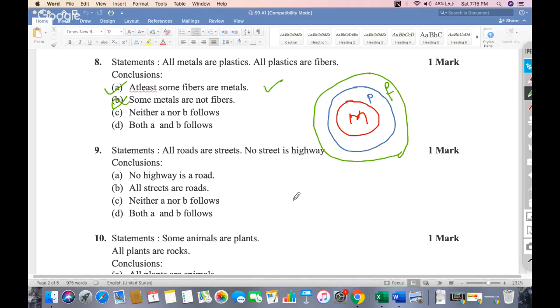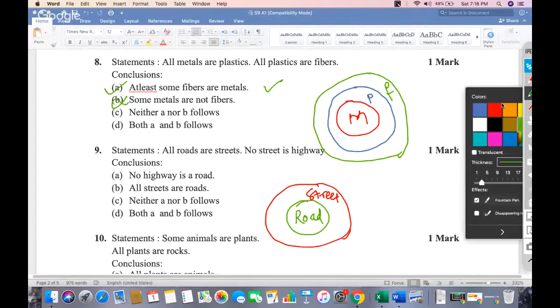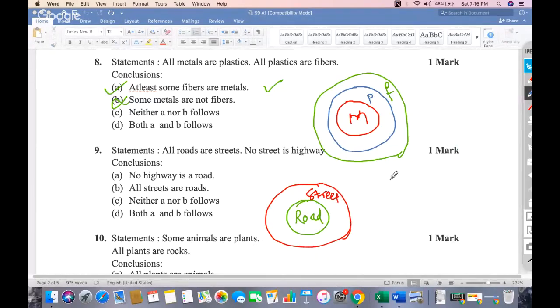For question number 9, all roads are streets. So this is road. Then I have street. And if no street is highway, then I need to make highway separately from street. So this would be highway. As road is completely inside street, there cannot be any combination of road and highway.